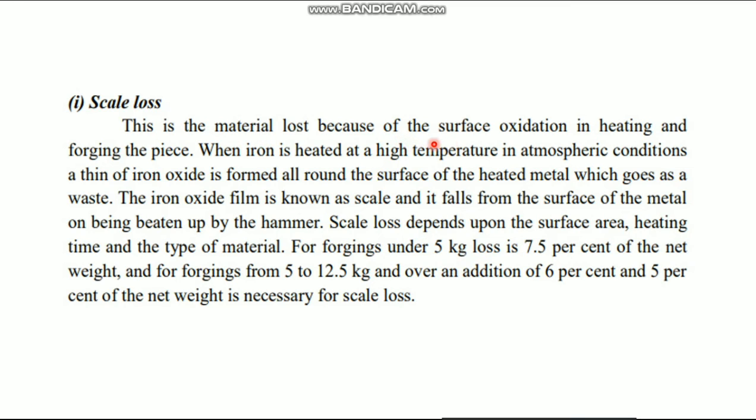So this is scale loss. For forgings under 5 kg, the loss is 7.5 percent of the net weight, and for forgings from 5 to 12.5 kg and over, an addition of 6 percent and 5 percent of the net weight is necessary for scale loss.